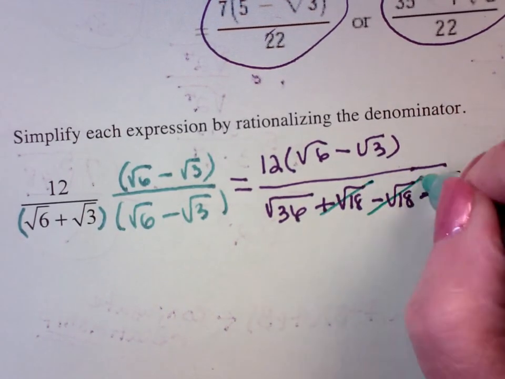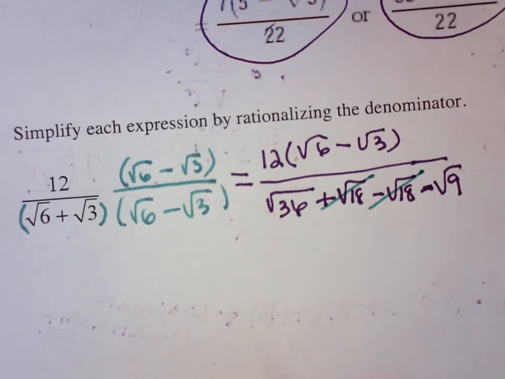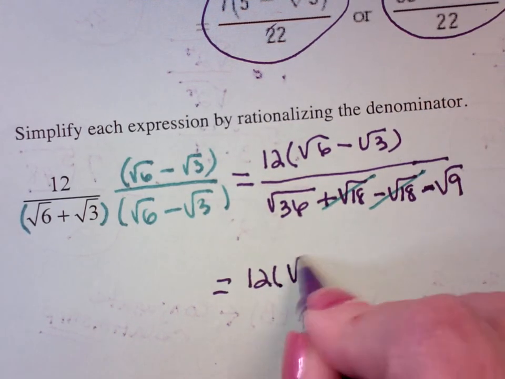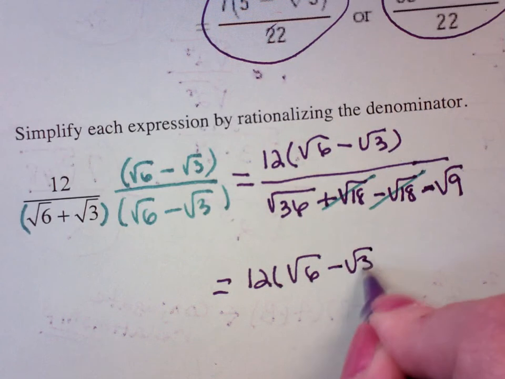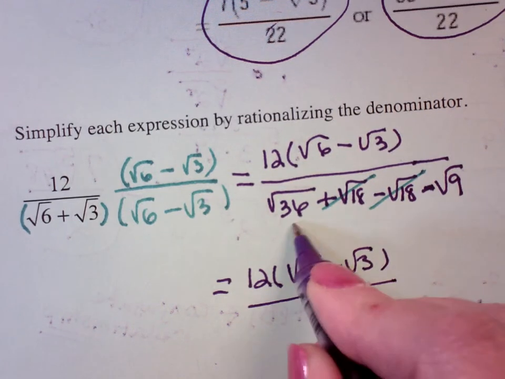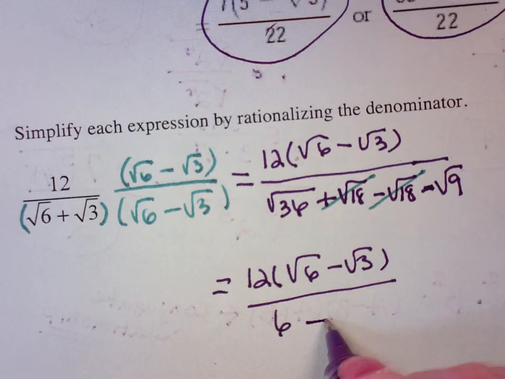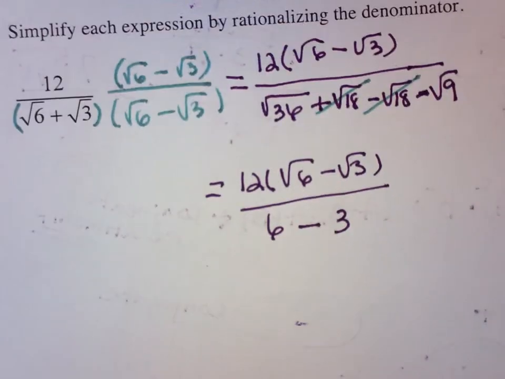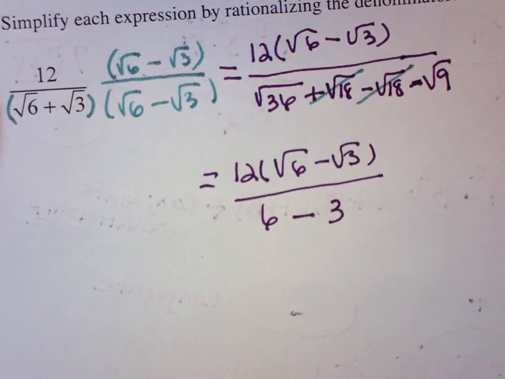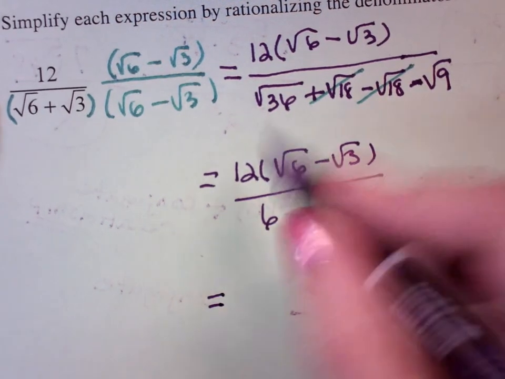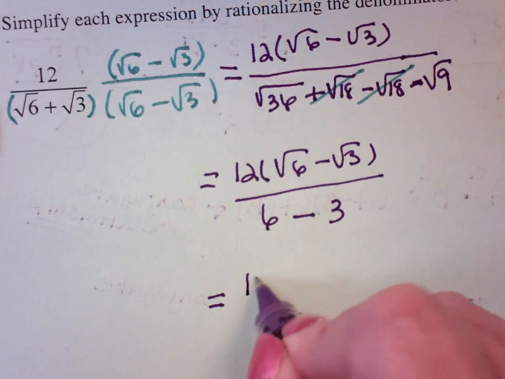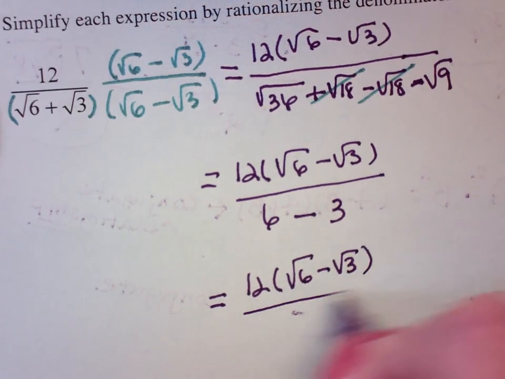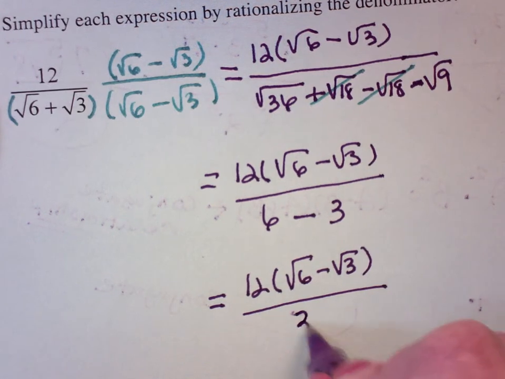Inner outers add to 0. I get 12 times the square root of 6 minus the square root of 3 over square root of 36, which is 6, minus square root of 9, which is 3. So it's 12 times the square root of 6 minus the square root of 3 over 6 minus 3, which is 3.